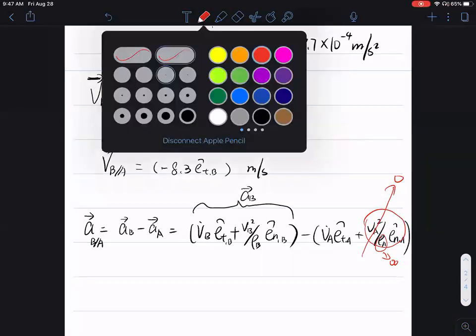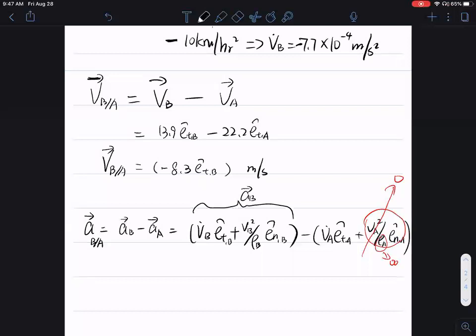So what we end up with is an expression with VB dot minus VA dot as your ET component, ETB, plus VB squared over rho B, ENB.